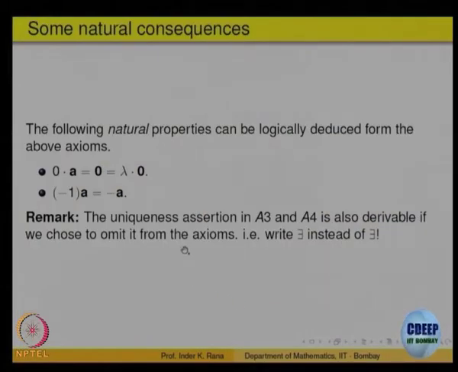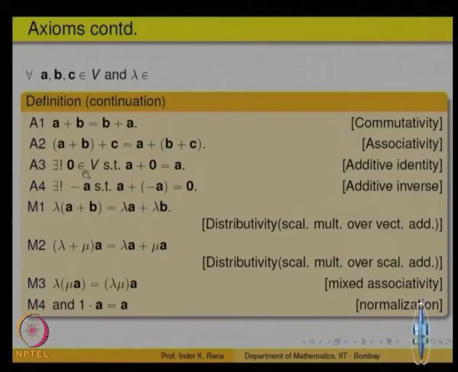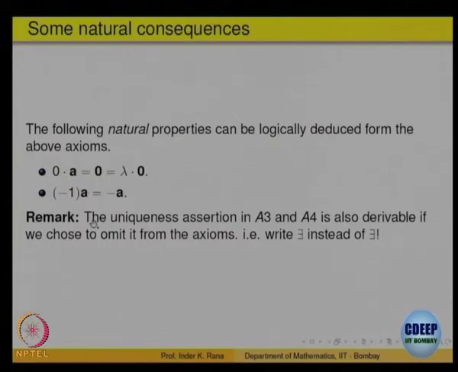We have said here that these are the unique 0 and minus A, but those can be proved using the properties. One can also prove obvious facts that 0 times A is 0, is lambda times 0, and minus 1 multiplied by A, where minus 1 is the additive inverse in the field, is the same as minus of A. These are some obvious properties that one can prove using those axioms itself.